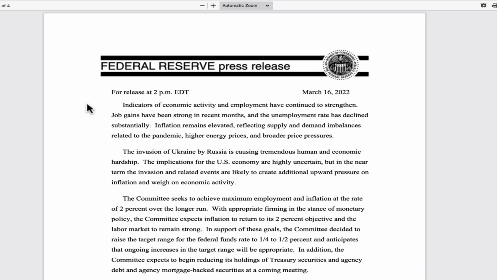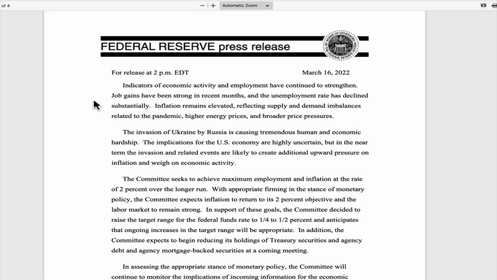Okay, this is the release at 2 p.m. on March 16th. Indicators of economic activity and employment have continued to strengthen. Job gains have been strong in recent months, and the unemployment rate has declined substantially. Inflation remains elevated, reflecting supply and demand imbalances related to the pandemic, higher energy prices, and broader price pressures.